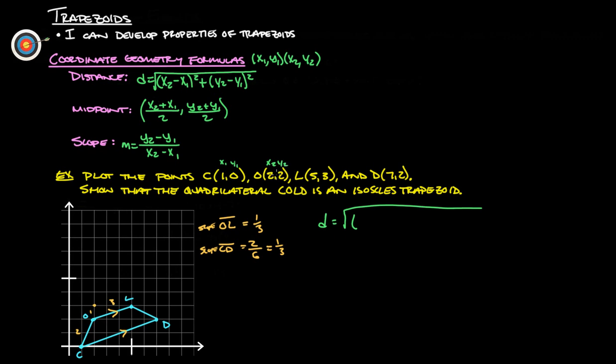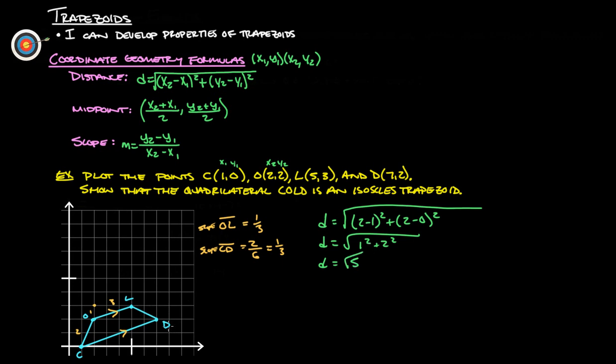So we do x2 minus x1, 2 minus 1 squared, plus y2 minus y1, 2 minus 0 squared. So the distance of that first one is 2 minus 1 is 1 squared, 2 minus 0 is 2 squared. 1 squared is 1, 2 squared is 4, so that is the square root of 5.